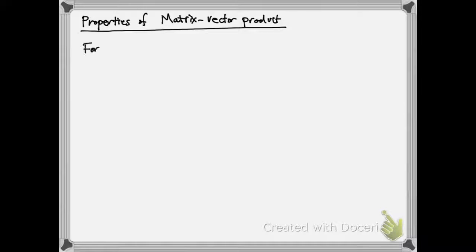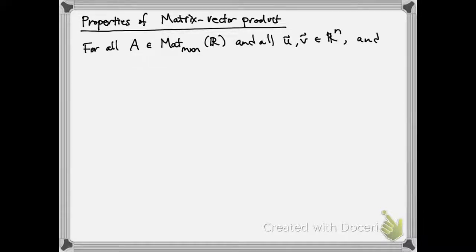Okay, so now we're going to talk about some properties of the matrix vector product. Basically, it's going to behave like a product, which is going to justify its name. Right? So for any m by n matrix A, and any vectors u and v in Rn, and any scalar c, we're going to have the following things. Right?